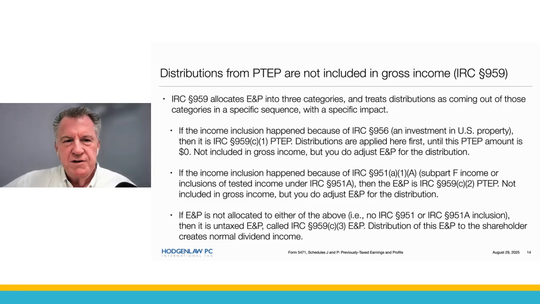So distributions from PTEP are not included in gross income. This is Section 959. And you have to do a whole bunch of tracking, which is what we're going to be talking about. And then we'll see the distributions coming out of the different categories that are specified in Section 951, 959.